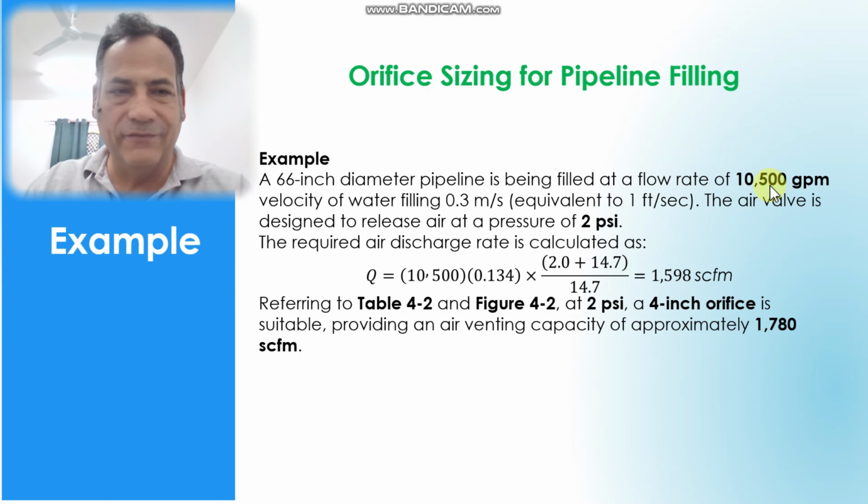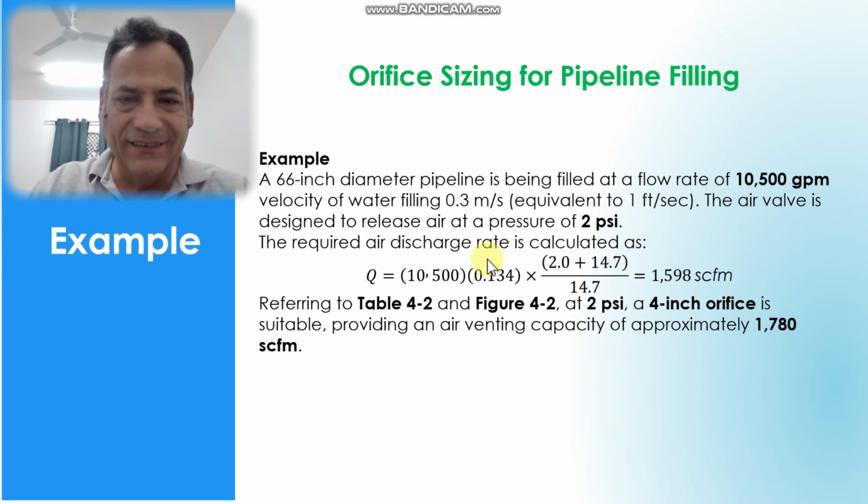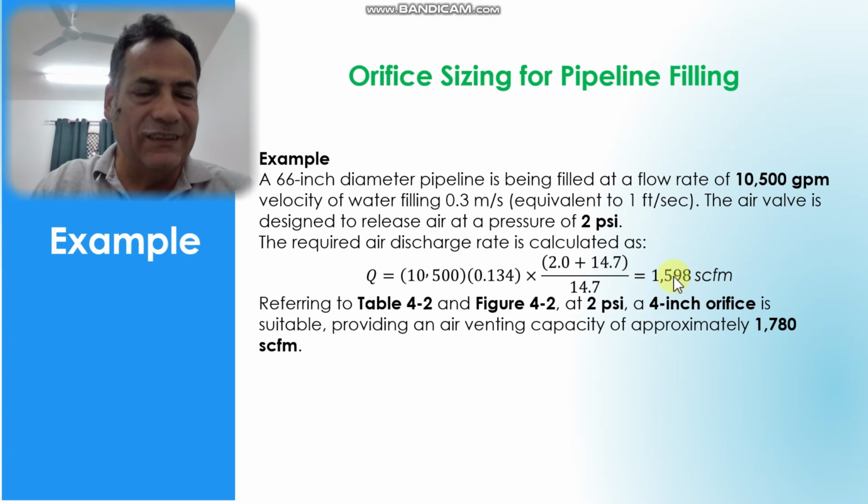Here the water flow rate, 10,500 gallons, we put that one, and also delta P is 2. If we put all of this data in, we reach this point, 1,598 SCFM. This is the air flow rate.